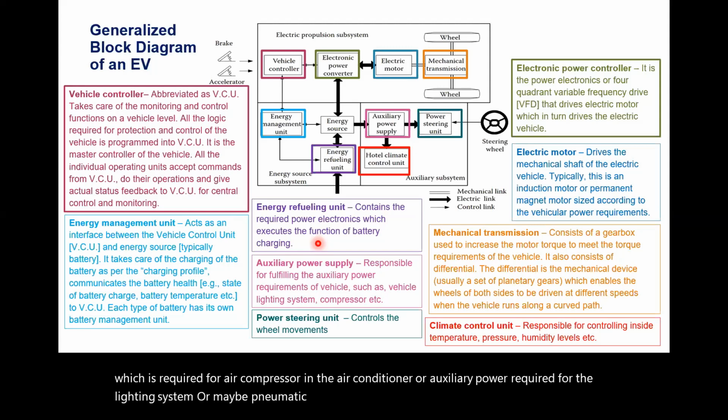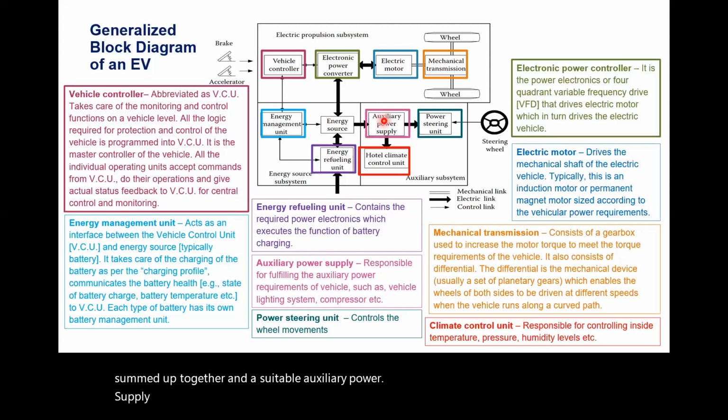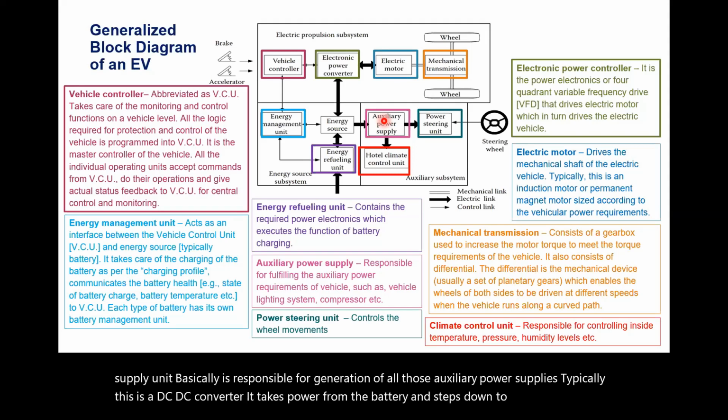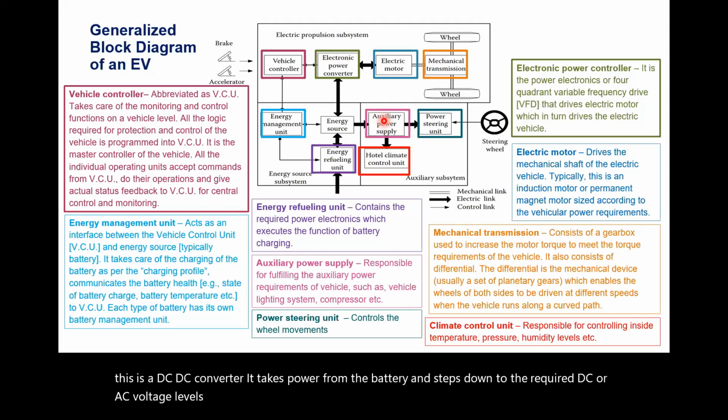All these auxiliary powers are summed up together, and a suitable auxiliary power supply is chosen, which is kept separate from the main traction controller. This auxiliary power supply unit is responsible for generation of all those auxiliary power supplies. Typically, this is a DC-DC converter. It takes power from the battery and steps down to the required DC or AC voltage levels as required for the system.